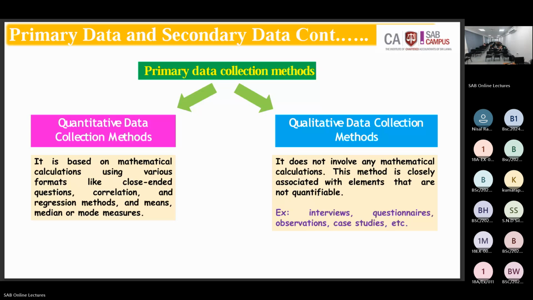Plus, based on your research topic, it will be determined whether it is primary or secondary data. In my first example, regarding the integrated report, sustainable reporting and audit quality, the relationship between sustainable reporting and audit quality can be studied via secondary data.